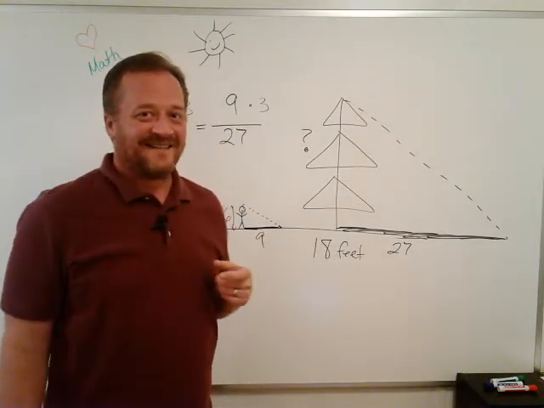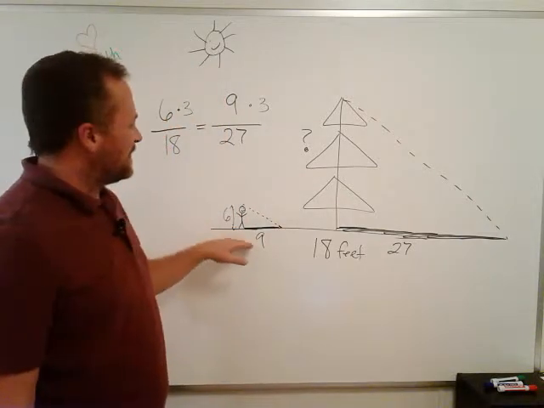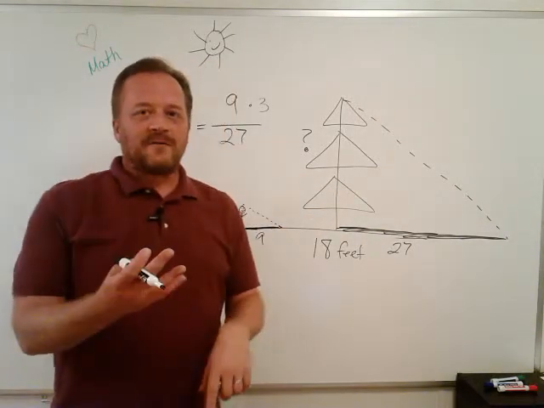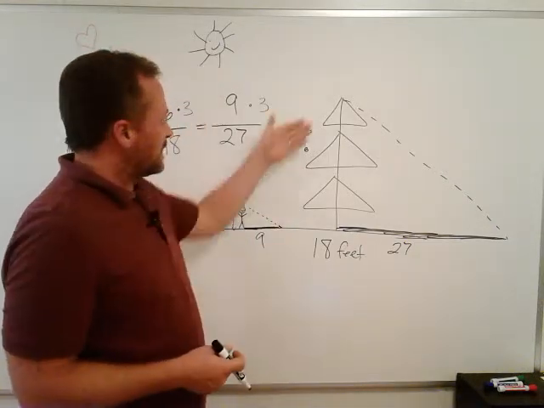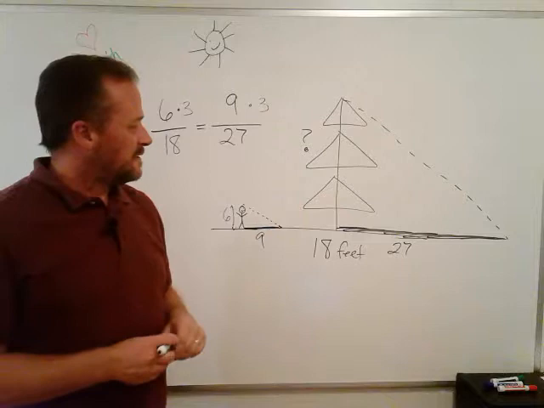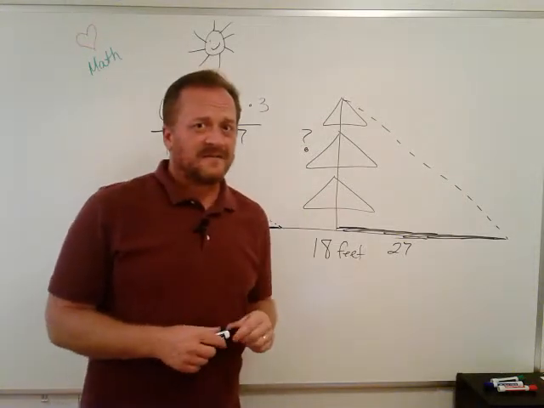Pretty cool, huh? So I don't have to go climbing trees. All I have to do is figure out some interesting way to use shadows and the sun and proportions to figure out how tall that tree is. Am I going to be totally exact? I'm going to be pretty close.